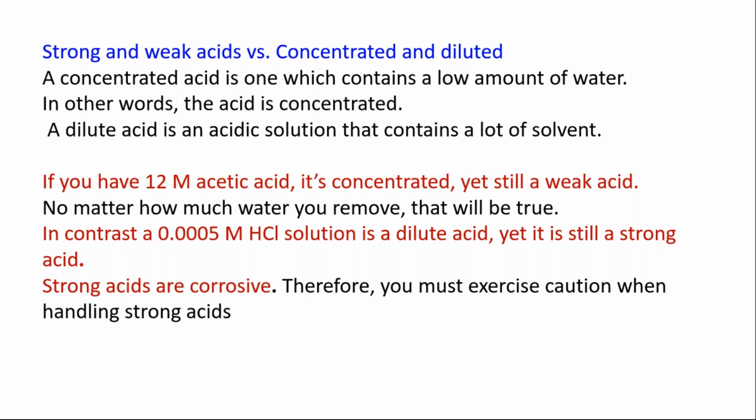It is not a strong acid. On the other hand, if you have a very dilute hydrochloric acid, that is 0.0005 molar, it is still a strong acid, but it is a very dilute acid. So this tells you the difference between strong acids and weak acids, and it is not the same as concentrated and dilute acids.